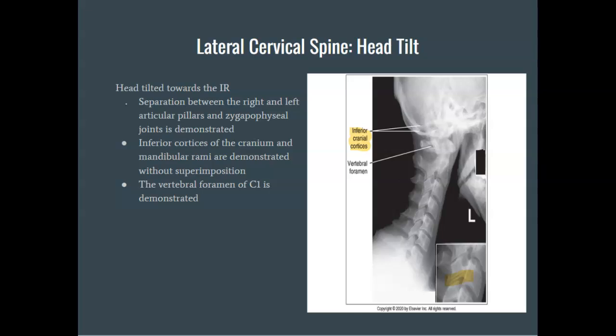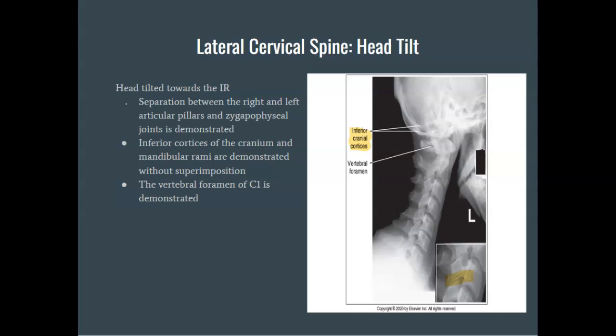You'll also look at the inferior cranial cortices to determine if there's head tilt. And again, the way to determine which way the head is tilted is by that vertebral foramen. If it's visualized, the head's tilt is towards the IR. If it's not visualized, but there is indication of tilt, then the head is tilted away from the IR.